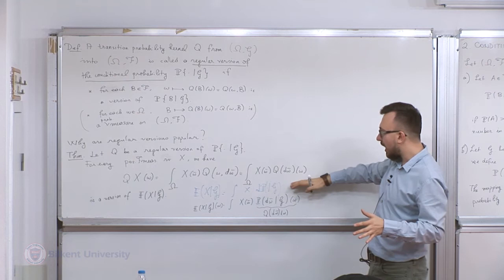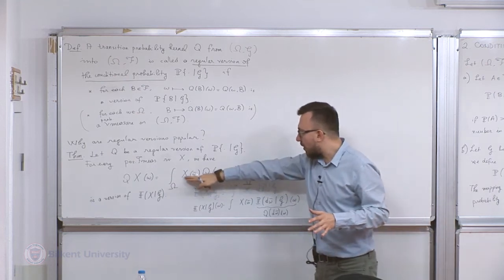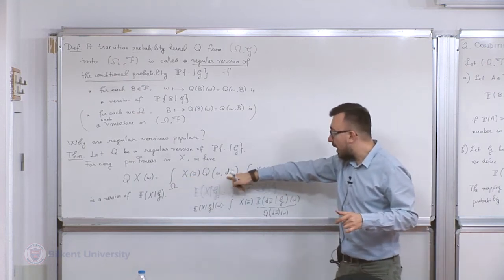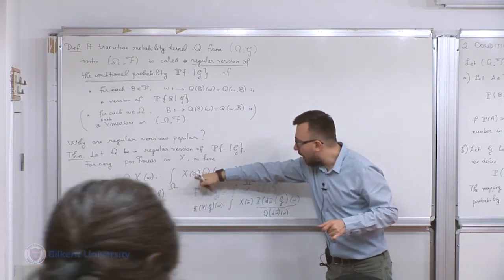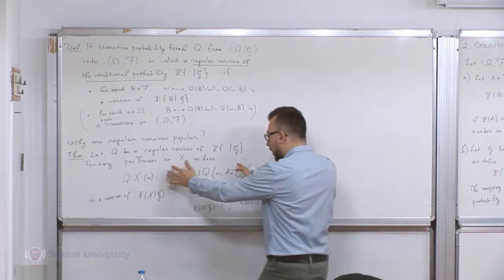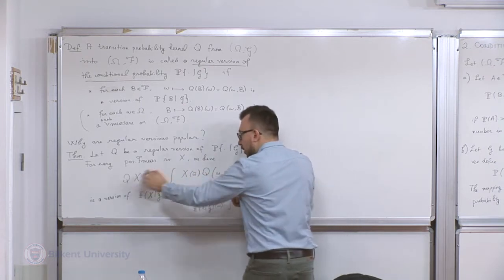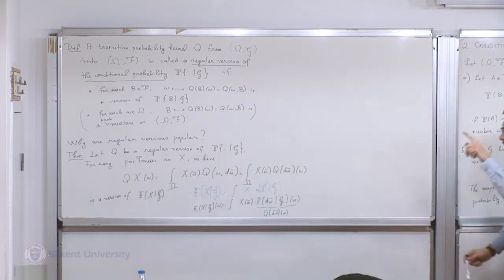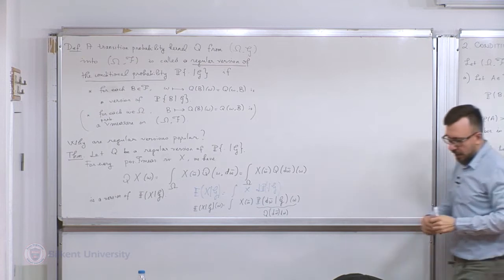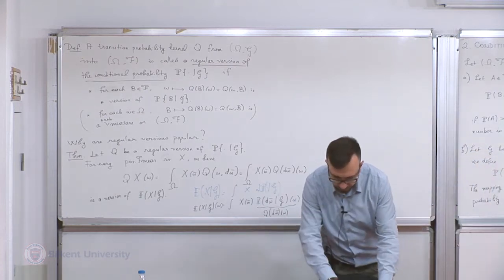That's a bit confusing, I know, but we're integrating X with respect to the measure part of Q. Now this whole thing is a function of omega. What we're saying is that we get a random variable out of that, and it is a version of the conditional expectation. Okay? Let's prove it, and maybe it's going to be more clear.